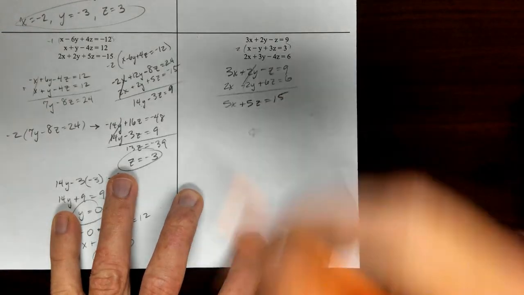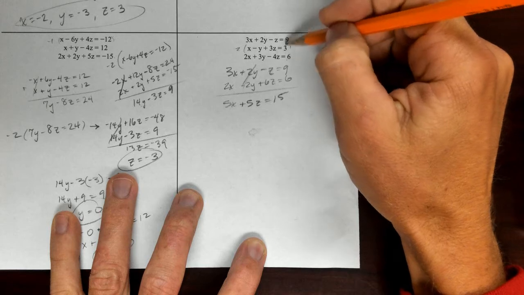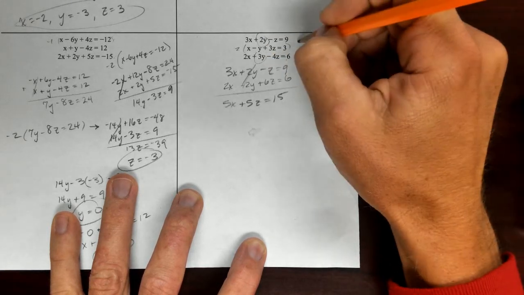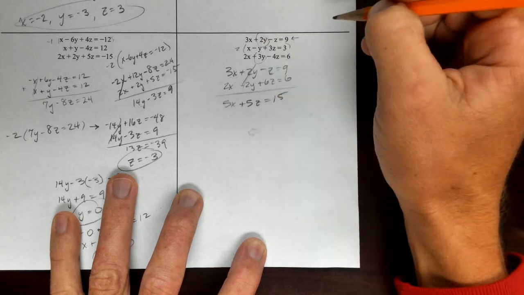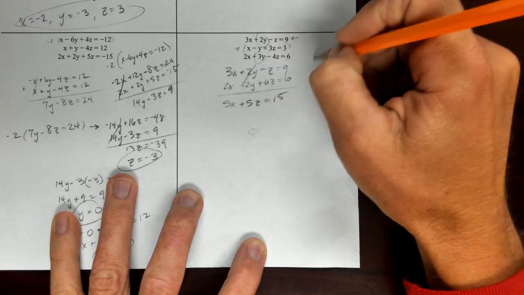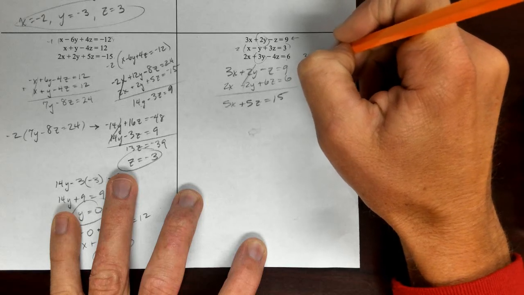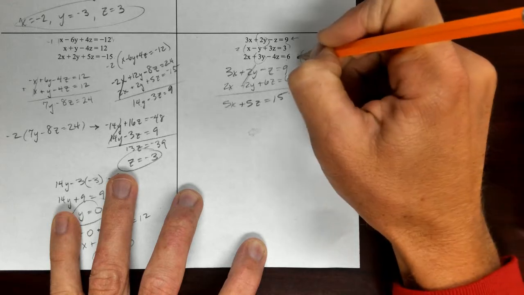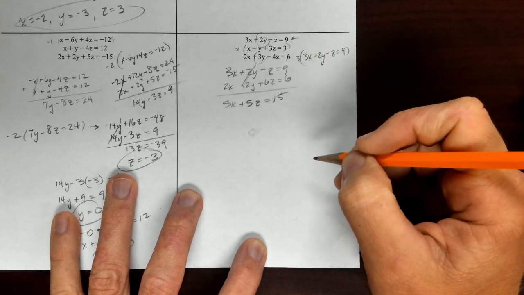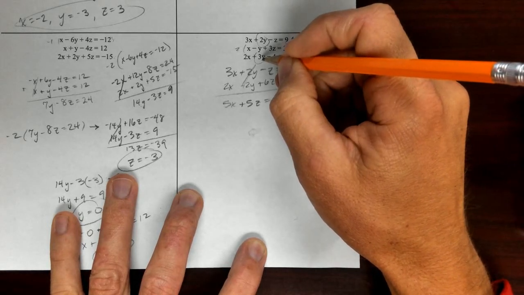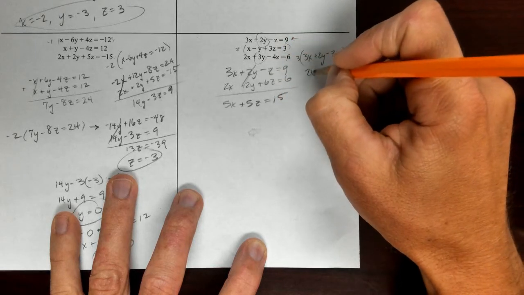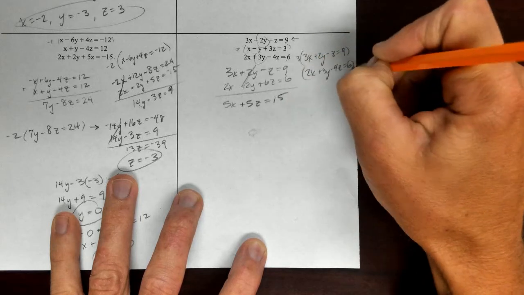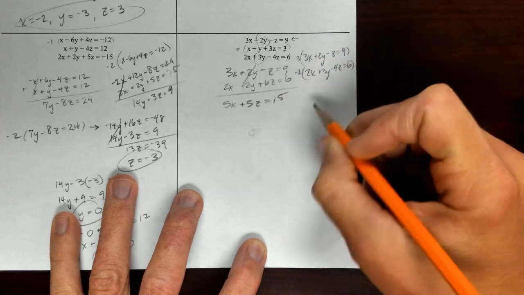All right, now we're looking to eliminate between number 1 and number 3. So 2y and a positive 3y. I'm going to take this and multiply it by a positive 3 to get a positive 6y. I'm going to take this and multiply it by a negative 2 to get a negative 6y, so then we can eliminate those.